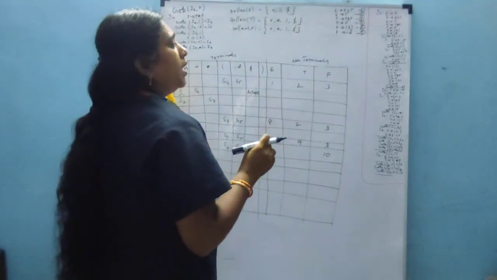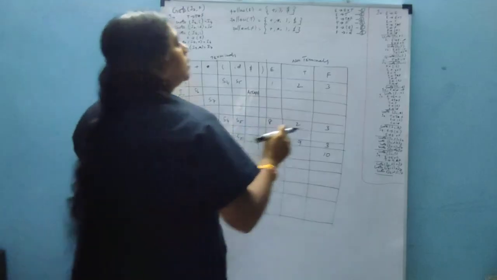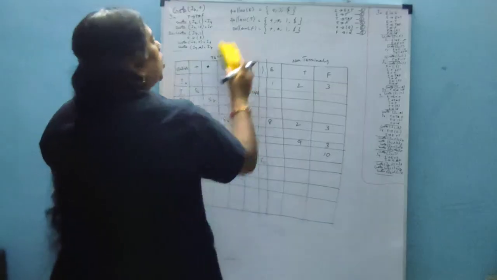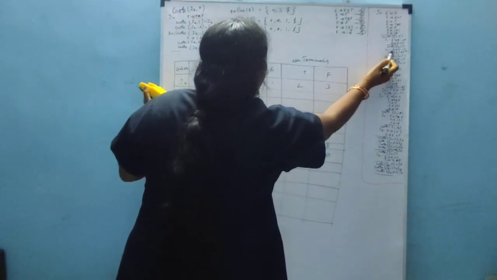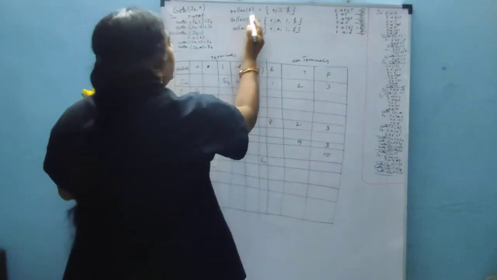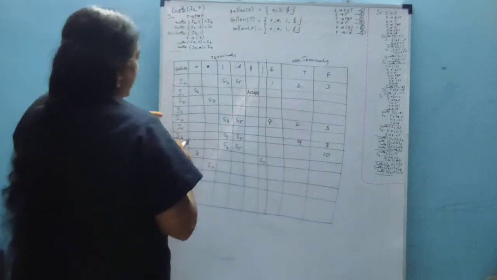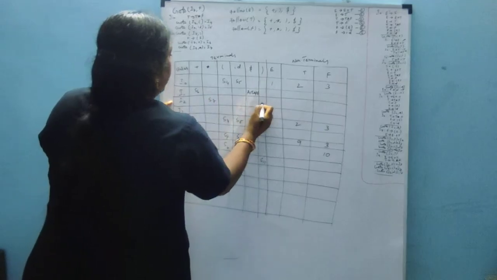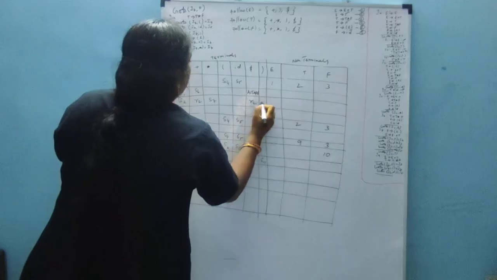Wherever I apply this concept, E tends to T. So follow of E: whatever the left side value is, I apply its follow. So follow of E is plus, close bracket and then dollar. In I2 state, plus, close bracket, dollar will be filled with reduce R2.